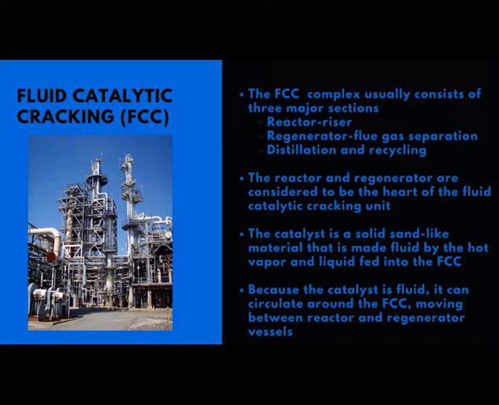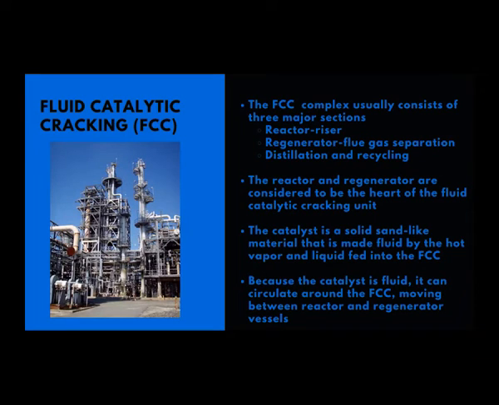Once the cracking happens, the heavier molecules are broken into lighter hydrocarbons, and all the vapors go into the distillation column or main column, where distillation takes place, by which we are able to produce different products like gasoline, diesel, aviation turbine fuel, or LPG.